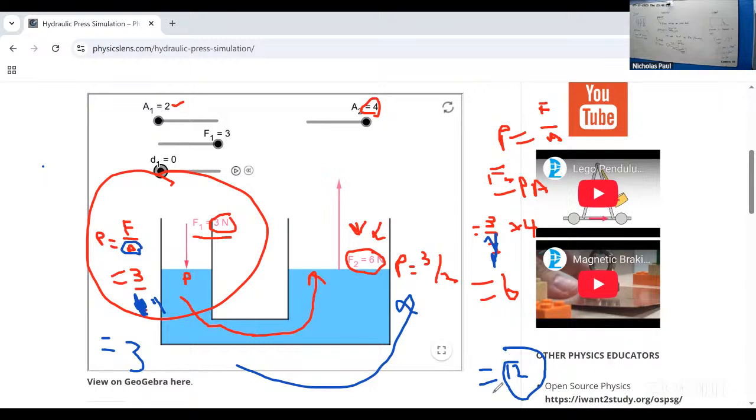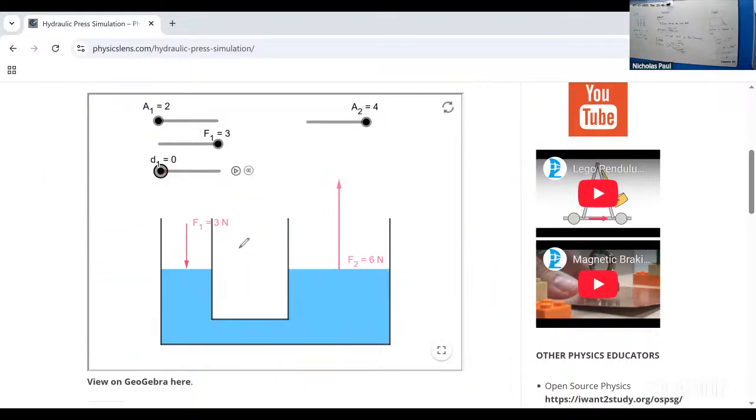Alright, let's look at another type. Let's do hydraulic lift and draw this example. Ignore D. Draw the hydraulic lift.